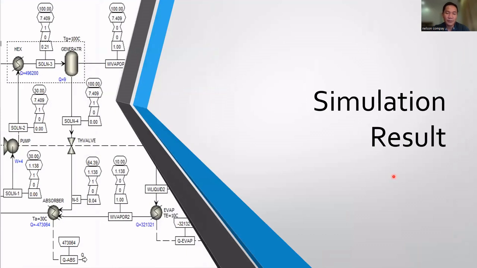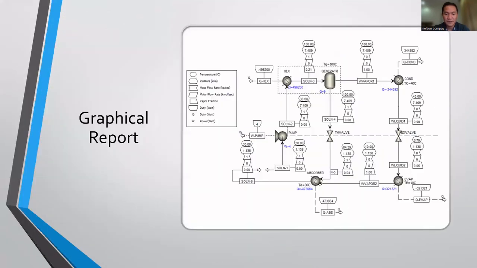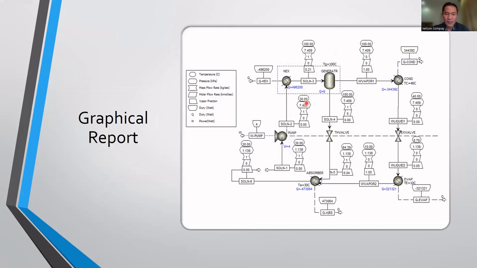After defining all the operating parameters, we are now ready for the simulation. So this is the screenshot of the graphical report created in ASPEN. It shows all the parameters on each equipment and stream.